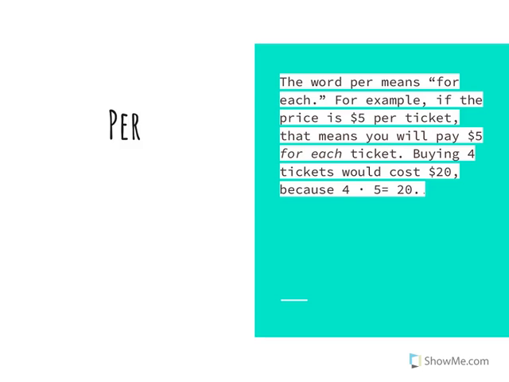No. So don't you want to know how much it is per each shirt? The word per means for each. For example, if the price is $5 per ticket, that means you will pay $5 for each ticket. Buying 4 tickets would cost $20 because 4 times 5 equals 20.